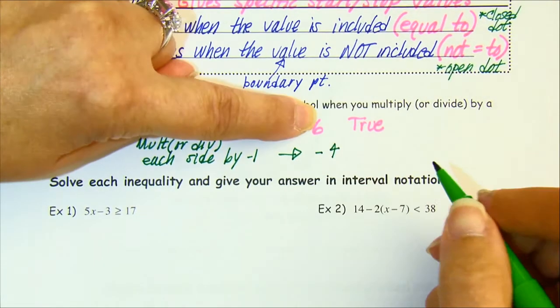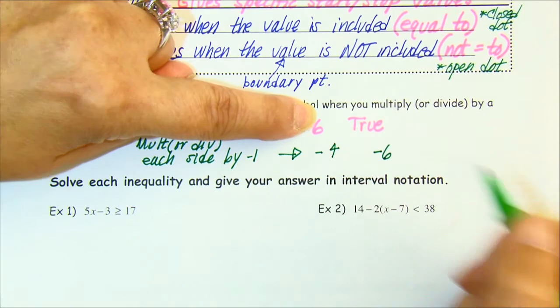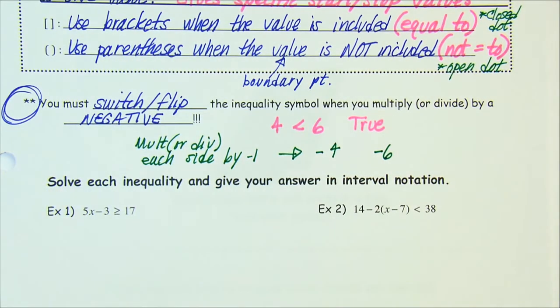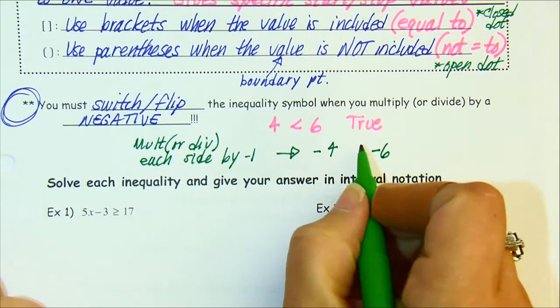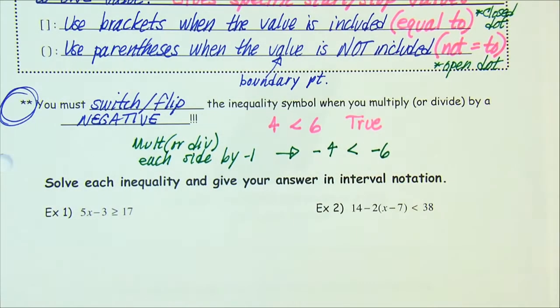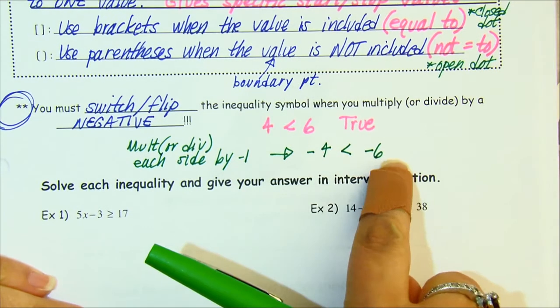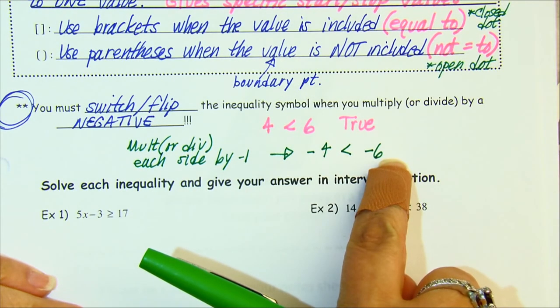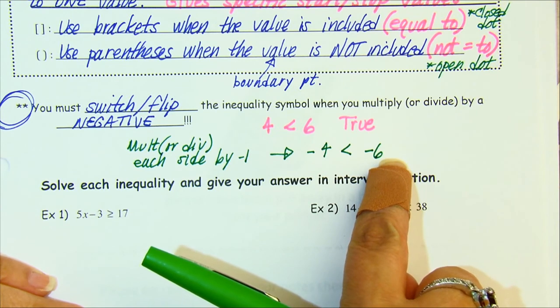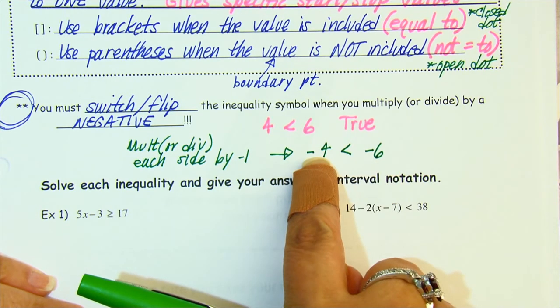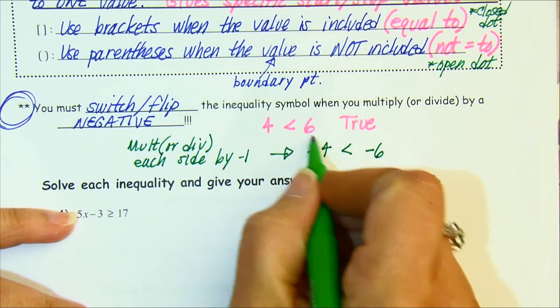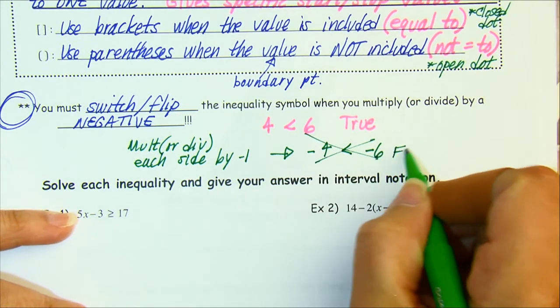And if I multiply 6 by -1, I get -6. And if I keep that symbol the same, is that a true statement? Is -4 less than -6? And you say, well, no, it's not. -4 is to the right of -6 on the number line. -4 is greater than -6. This is false.